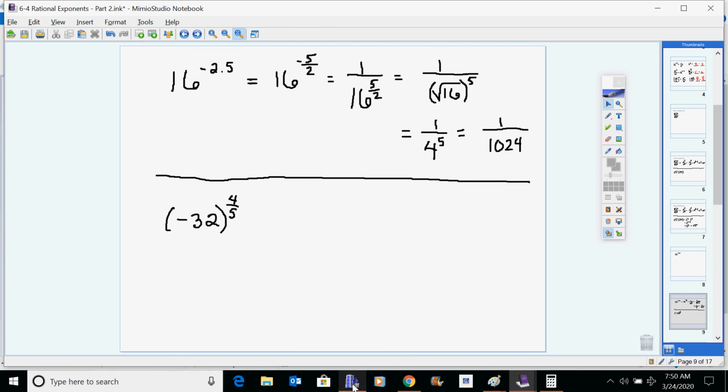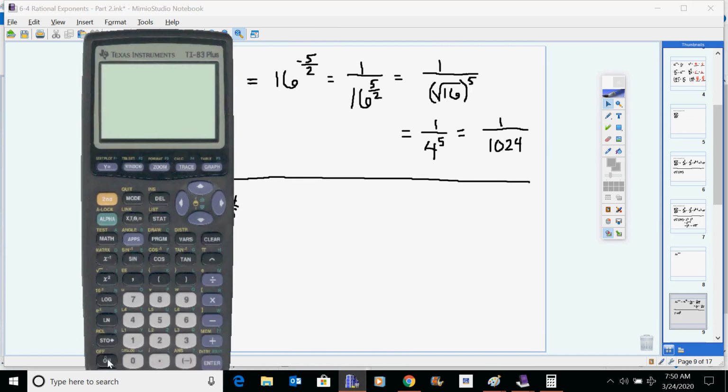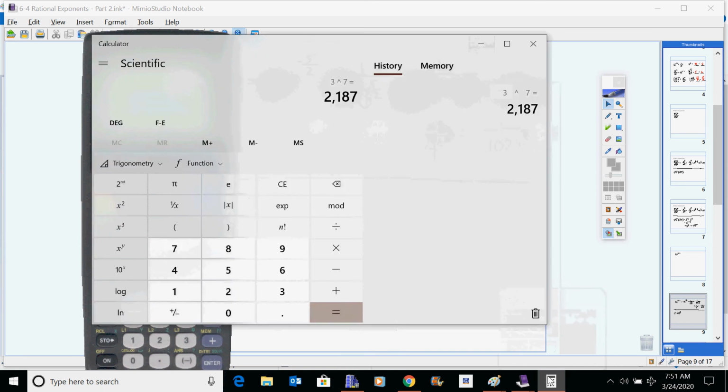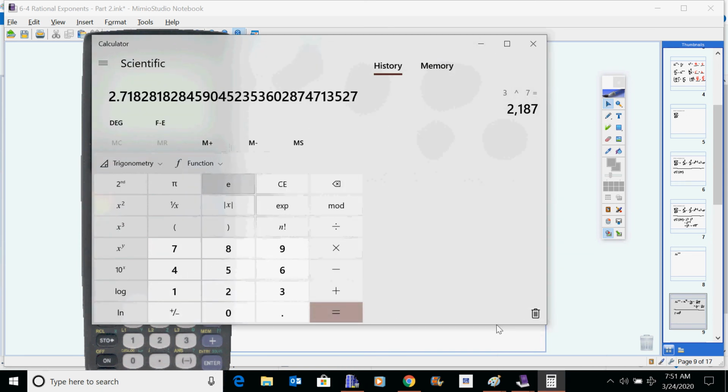Now you can use your calculator for that by taking 4 to the 5th power. As many of you did buy this, as I had told you to do at the beginning of the year, but even if you didn't, you can use your calculator from your computer or from your phone. If you go into the scientific mode, that's usually where you have something like x to the y power.